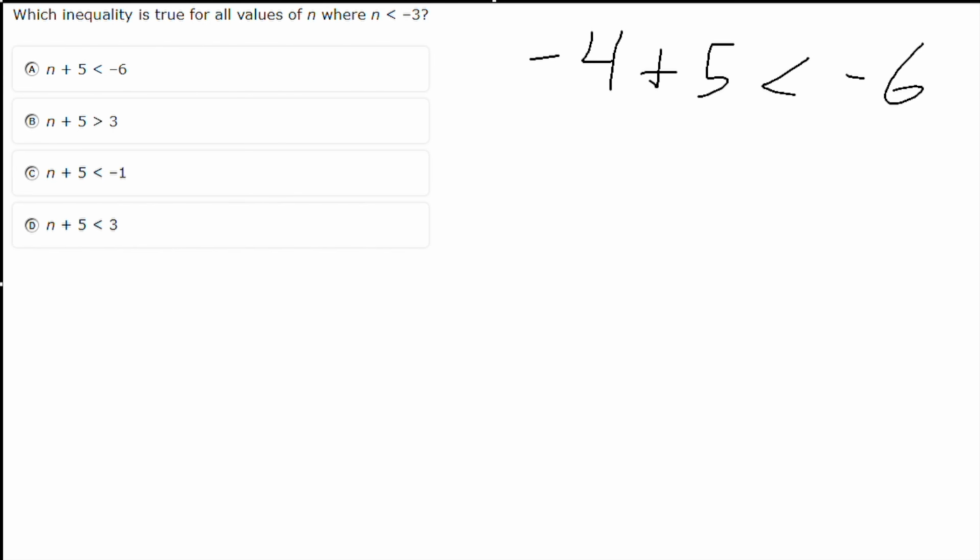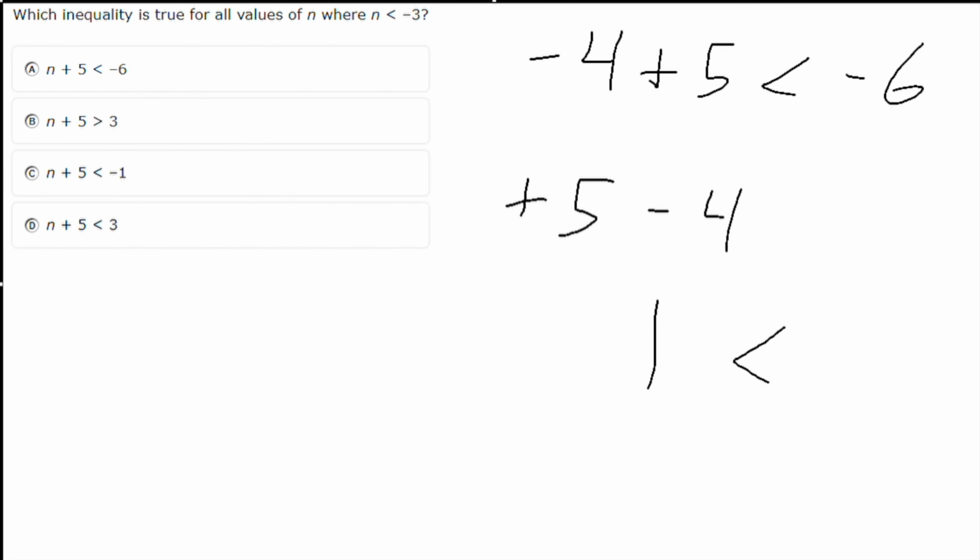Whenever you're working with negatives, feel free to flop or switch them around. So -4 plus 5 is the same thing as +5 minus 4. All I did was switch them around. What's 5 minus 4? 5 minus 4 is 1.